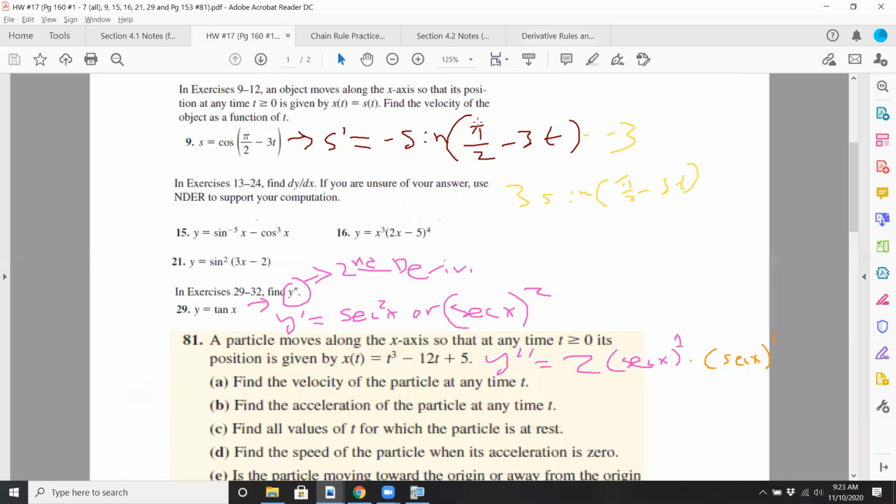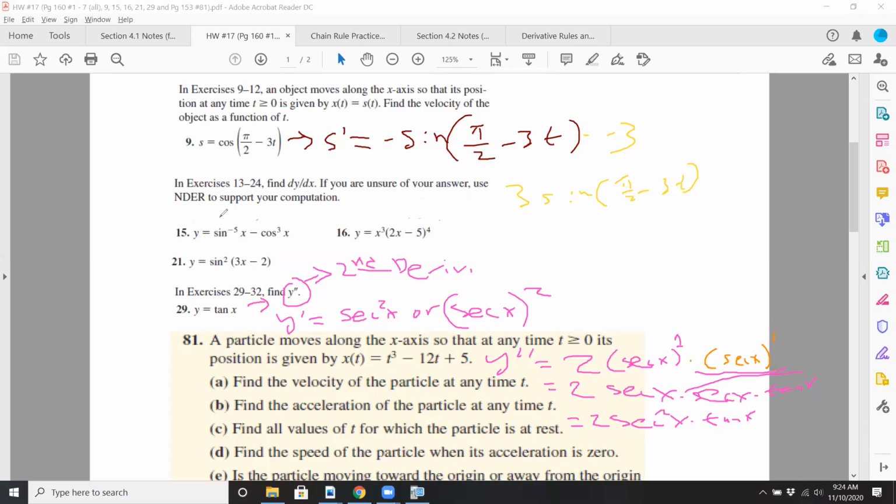So this is our final answer. 2 secant x times secant x times tan x. All that in orange became all this right here. So it's 2 secant squared x, if you want to simplify it just a tad, times tan x. There you go. And that's all you have to do for 29.